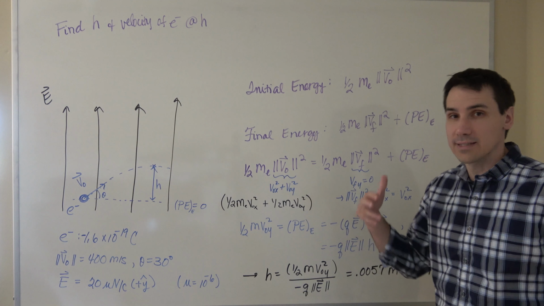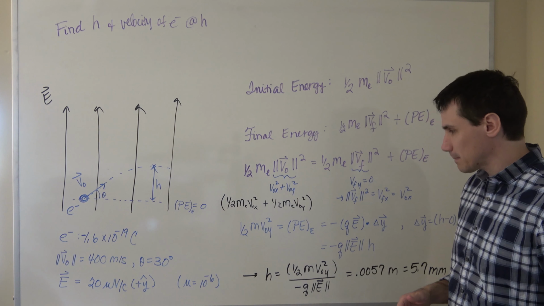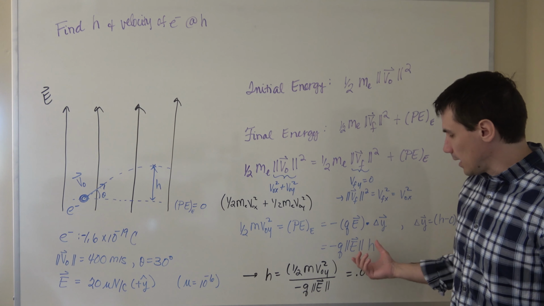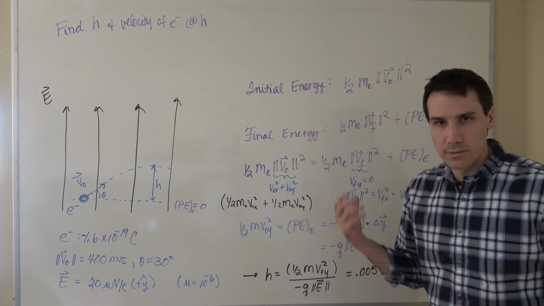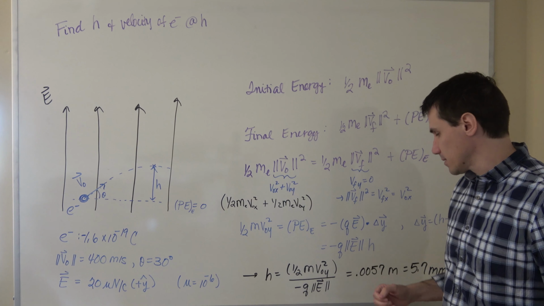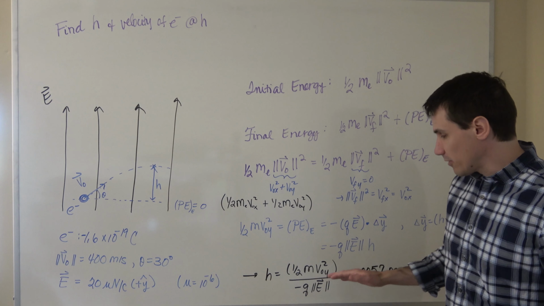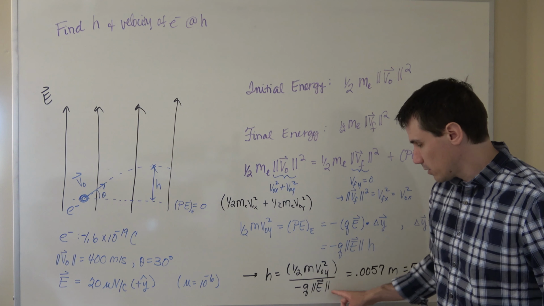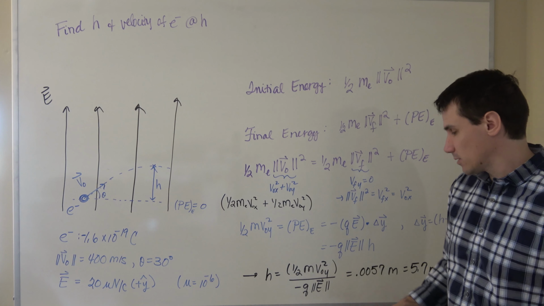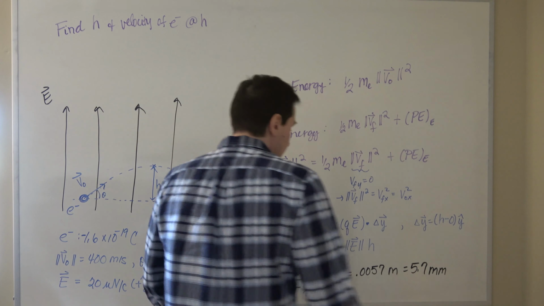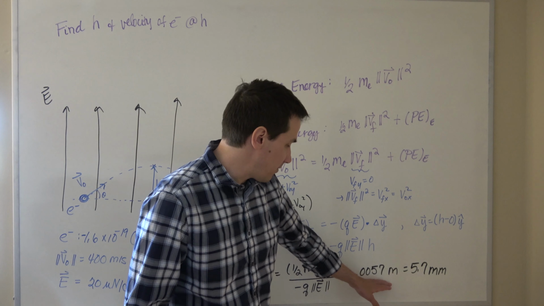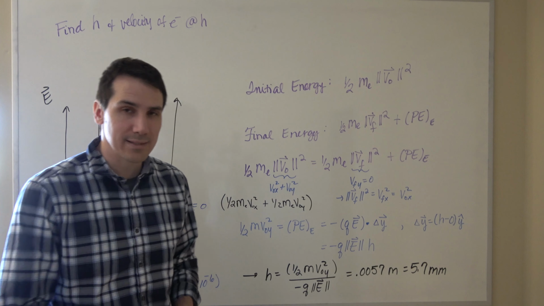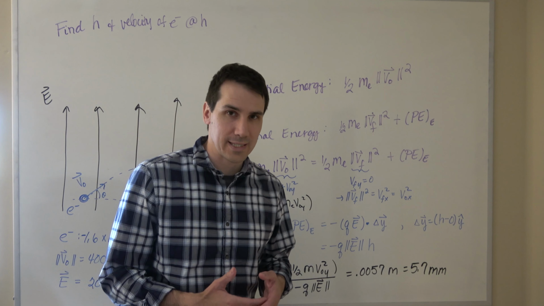So we have, in fact, gained potential energy, and we've traded our kinetic energy in y for positive potential energy. Solving this out, we have h equals 1/2 m v naught y squared over q times the magnitude of the electric field. And that gives us 0.57 meters as the height that the electron has gained.